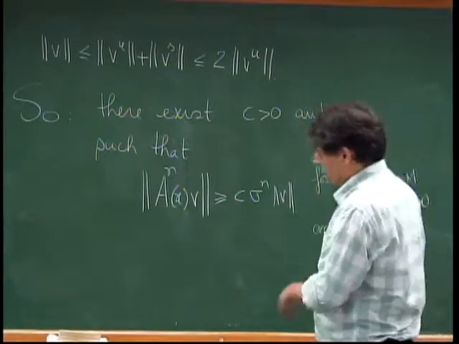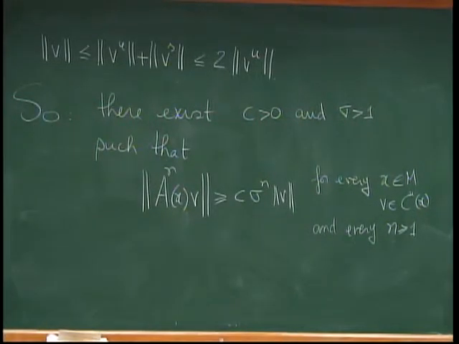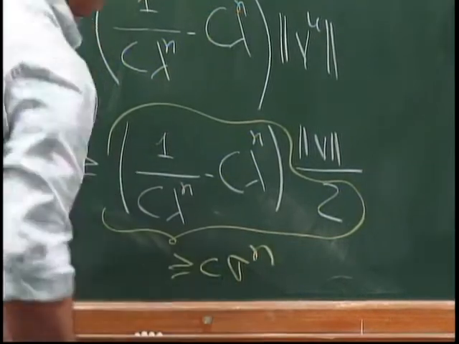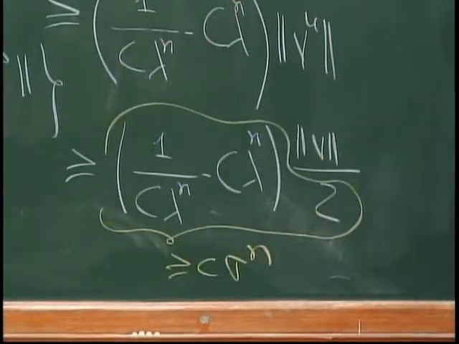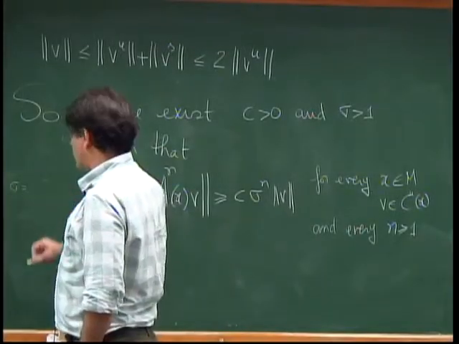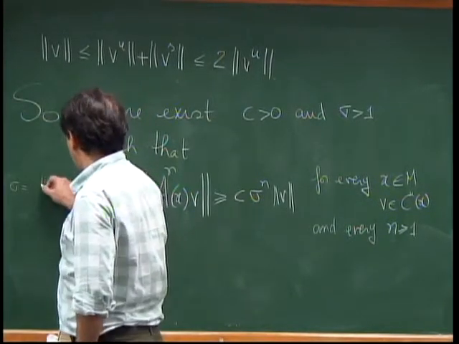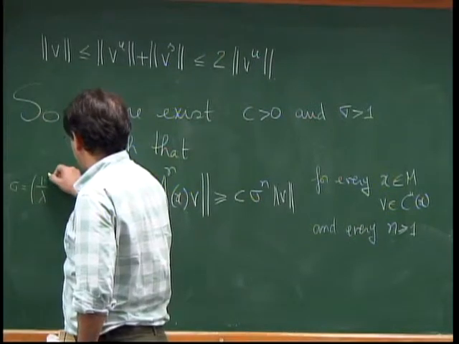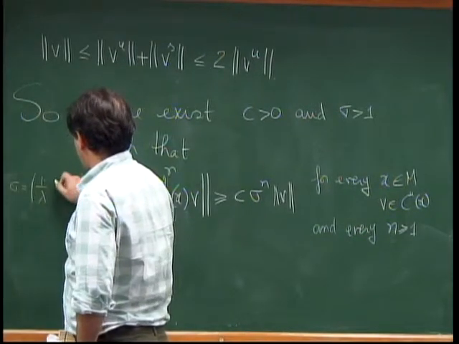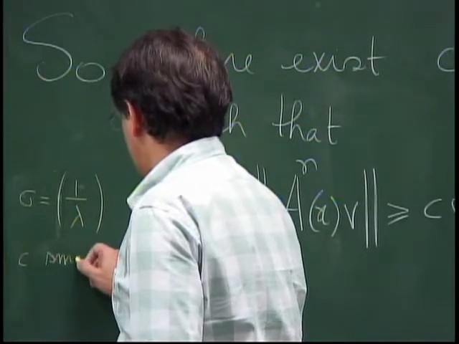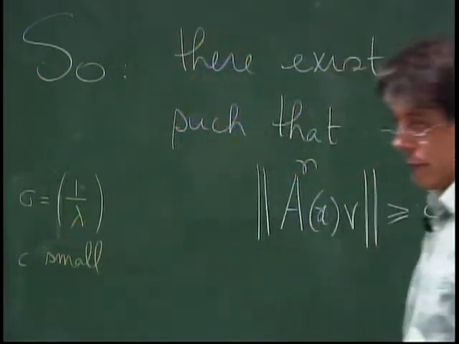So what you do, you just want this to be bigger than c sigma^n. So you can choose, for example, sigma equal to 1 over lambda, and then little c very small, for example.